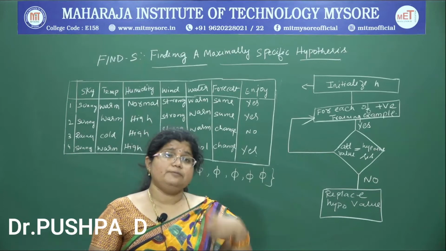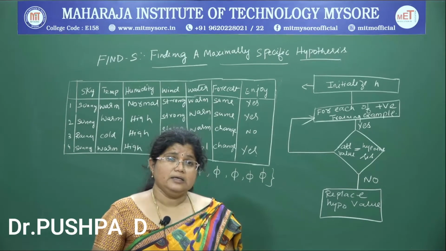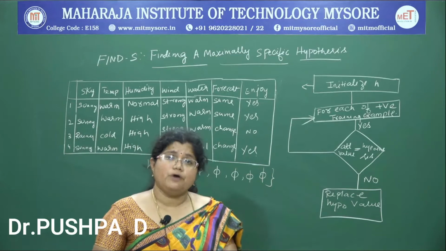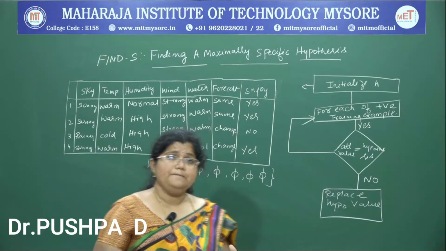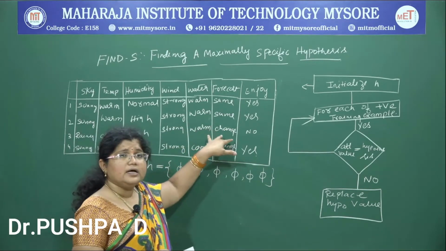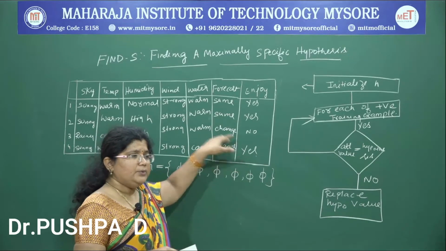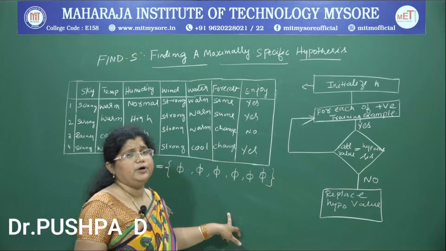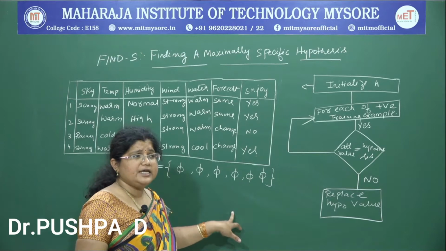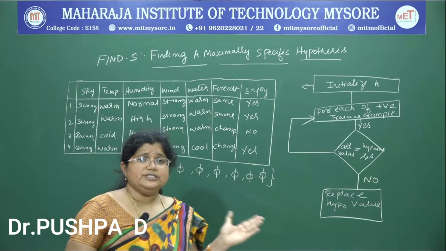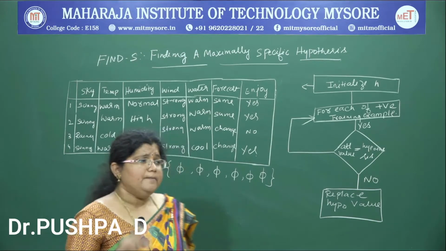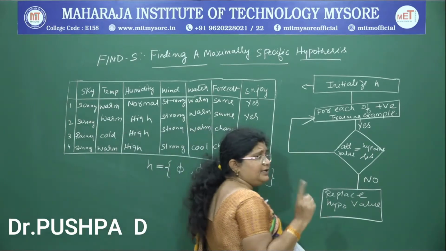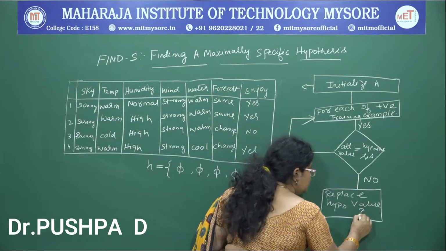After replacing with the positive training example, we repeatedly perform this task and compare the next coming positive example with the newly generated hypothesis, checking whether we can generalize the hypothesis by replacing the attribute value with the question mark.